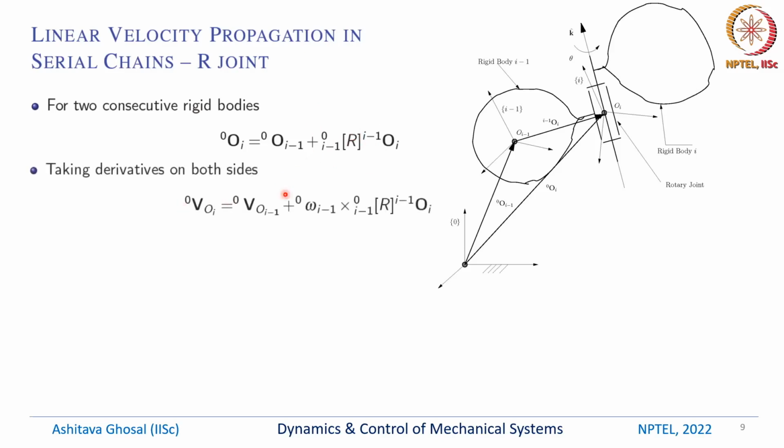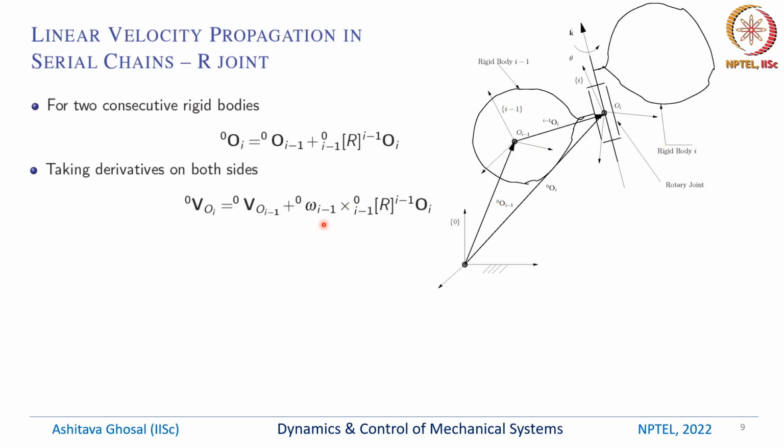From this expression, I can take the derivatives of both sides, and I get that the velocity of the origin of the ith coordinate system, or the ith rigid body, is nothing but the linear velocity of the (i-1)th origin or rigid body plus some omega cross r.